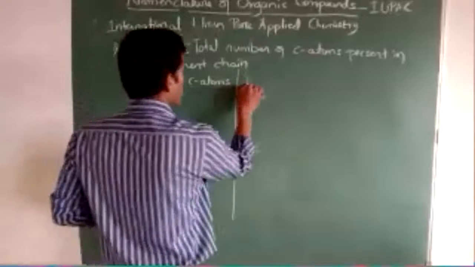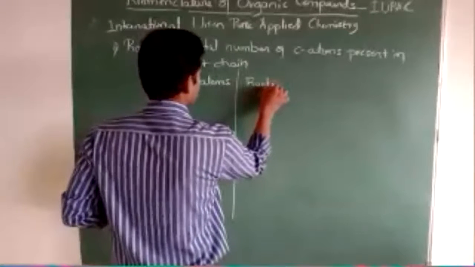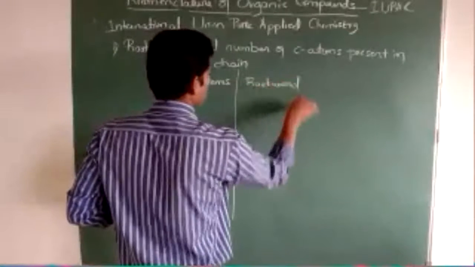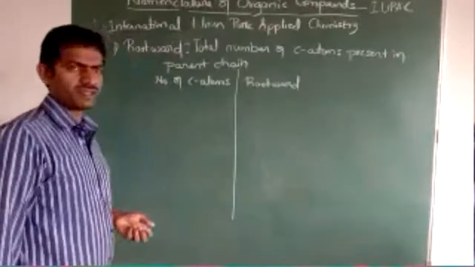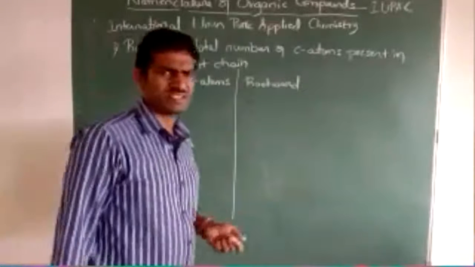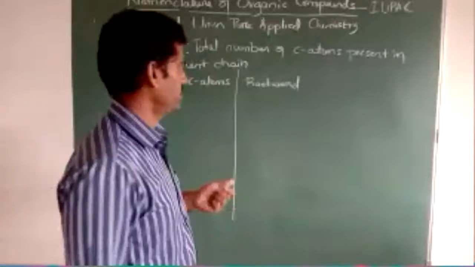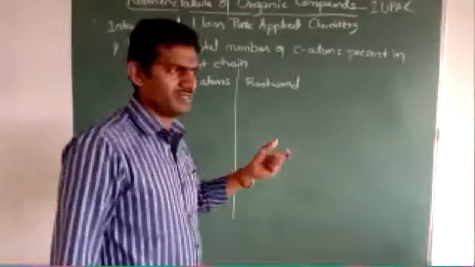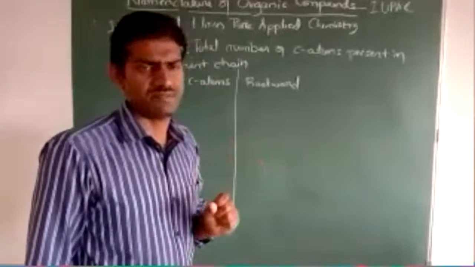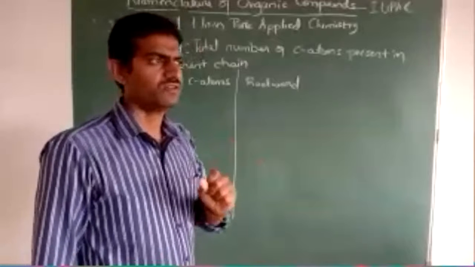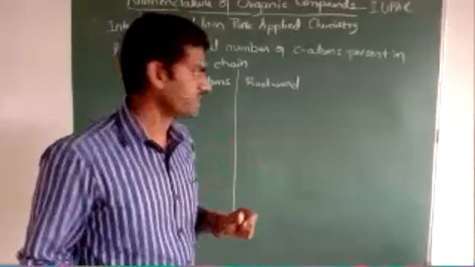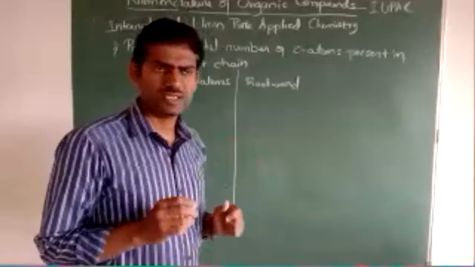Next one, root word. I think at school level you have already studied these things, but not in detail. If you are a CBSE student, you studied everything in 9th or 10th standard.